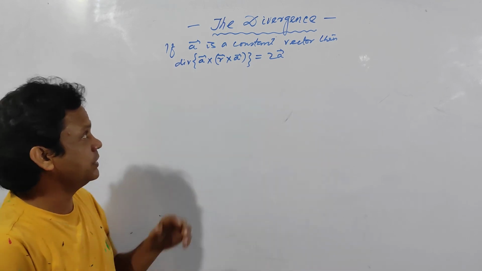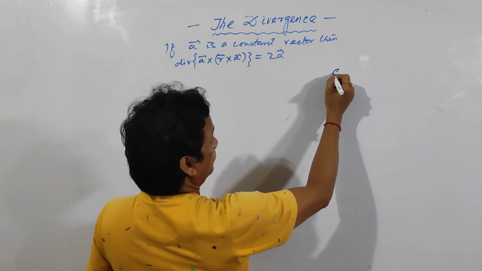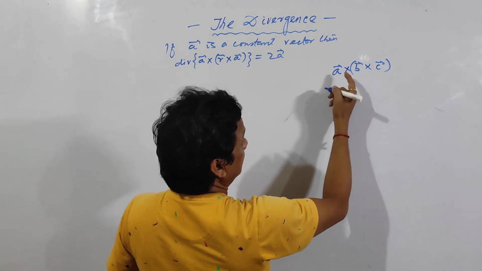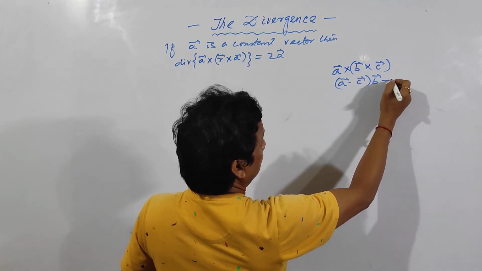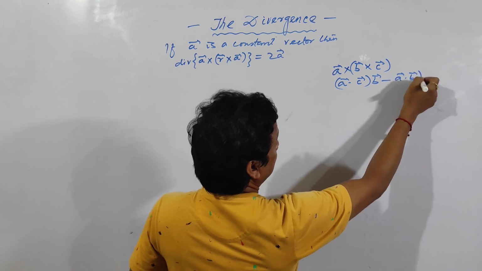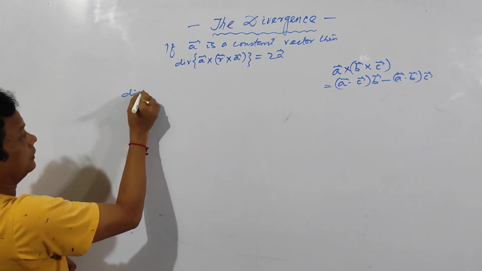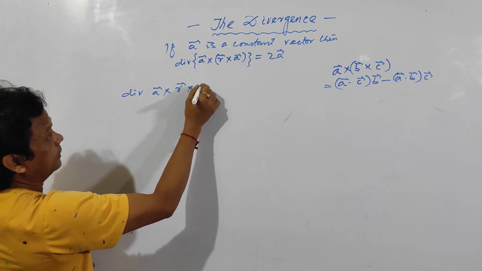See here, this question is very, very important also. And already I have told you the vector triple product, A cross B cross C, and the formula is A dot C into B minus A dot B into C. So apply here. Divergence of A cross r cross A vector.